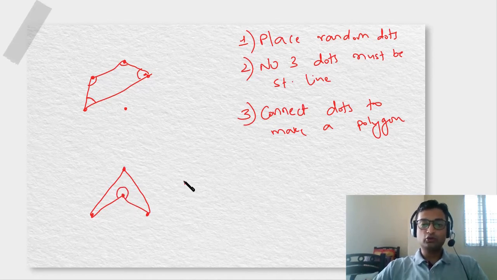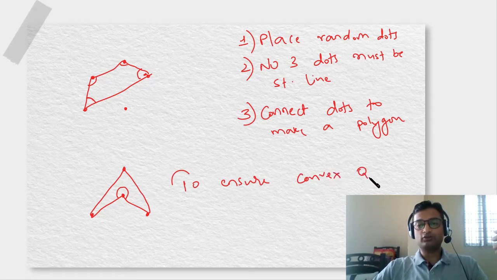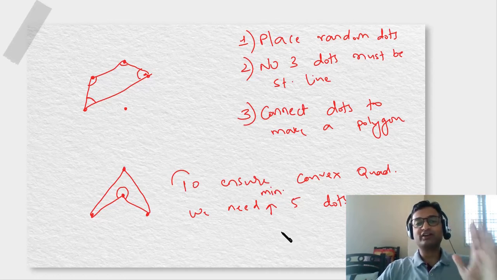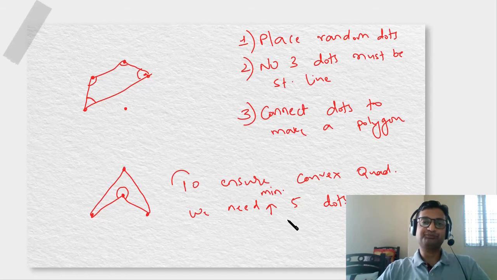So to ensure the creation of a convex quadrilateral, we need a minimum of 5 dots.